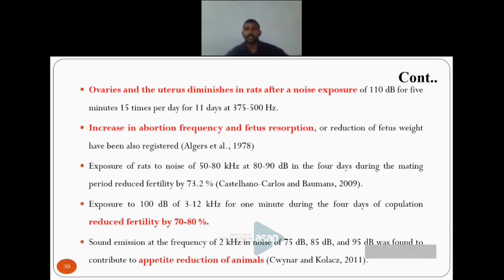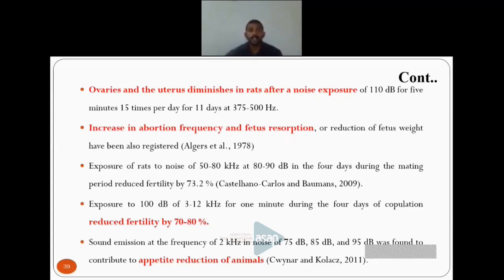The study was already conducted. And exposure of rats to noise of 50 to 80 kilohertz at 80 to 90 decibel for 4 days showed reduced fertility of the rats.